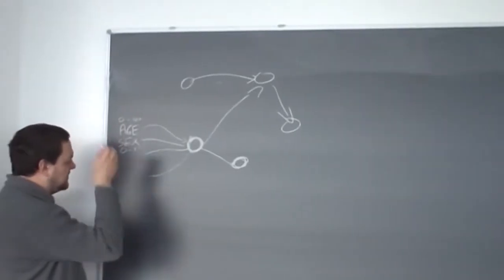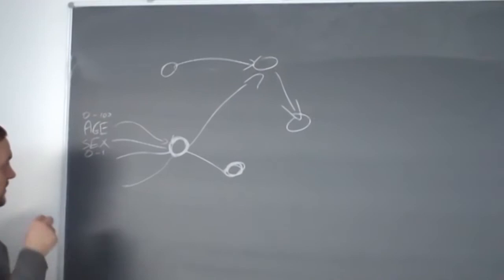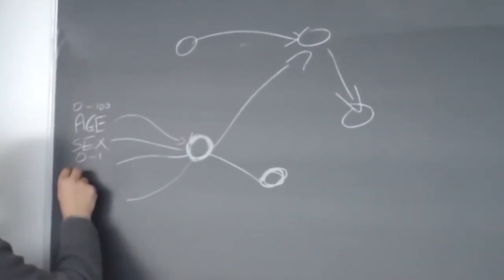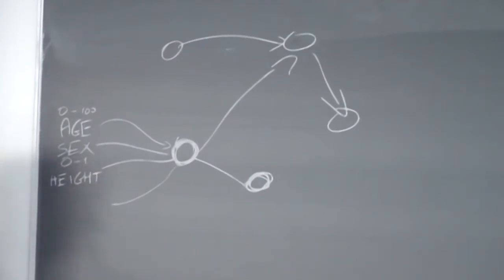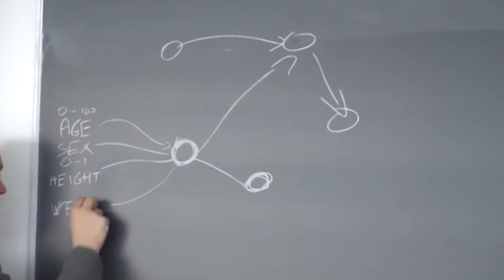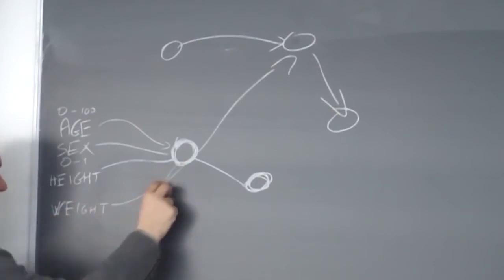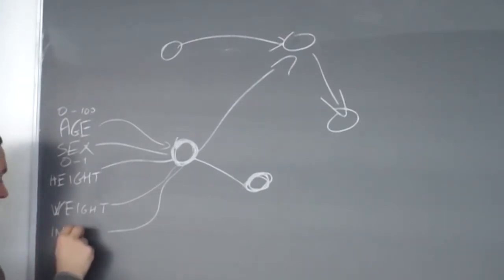So age might be a number from 0 to 100, sex can be a number which is either 0 or 1. Let's imagine another pair of numbers that can represent a person. It has very little meaning about purchasing habits, but suppose height or weight, yearly income.